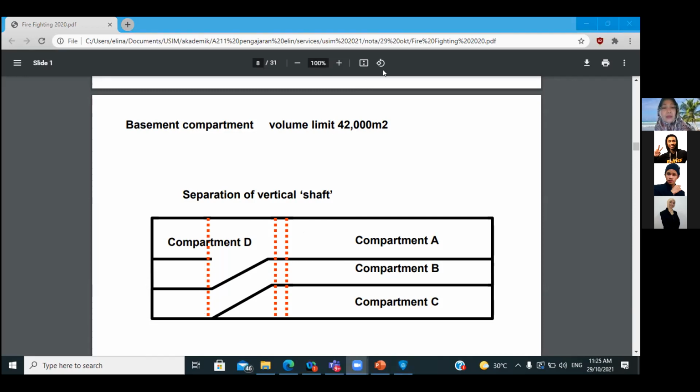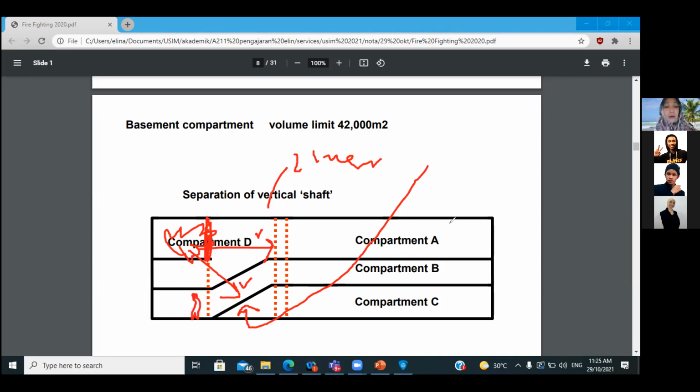Because if there is a fire somewhere here, it does not disperse to here or to down there. Okay, because they already have the compartmentation. At least this area and this area will stay for another 2 hours. Of course, within 2 hours, abang bomber already come and save you. Let's say you are here. You're getting so panicked, or you are somewhere here.